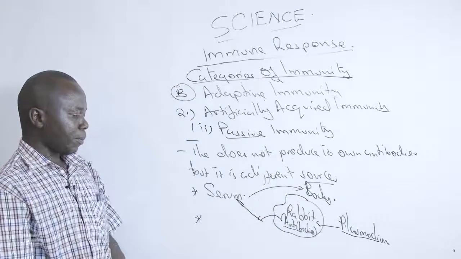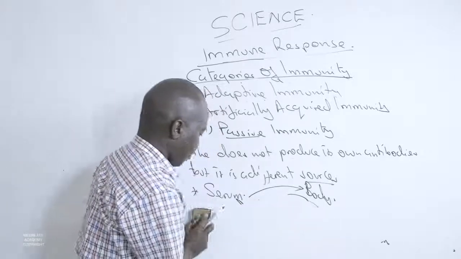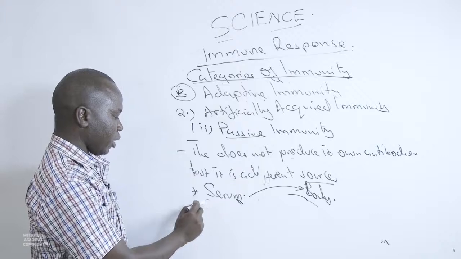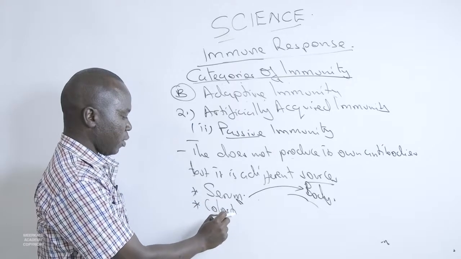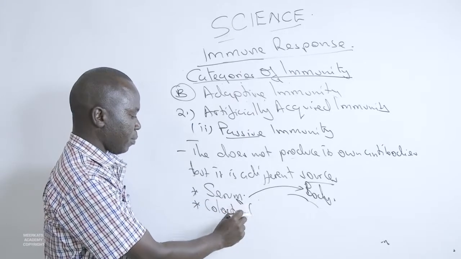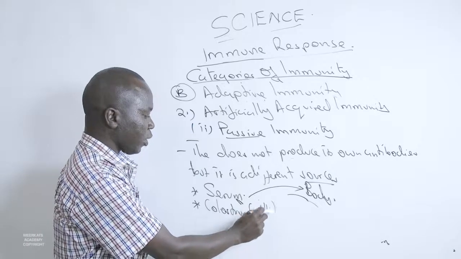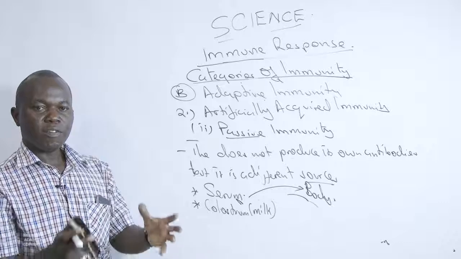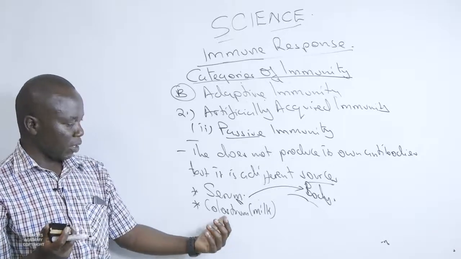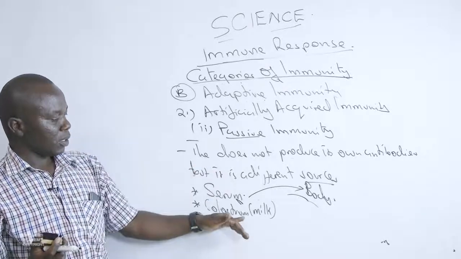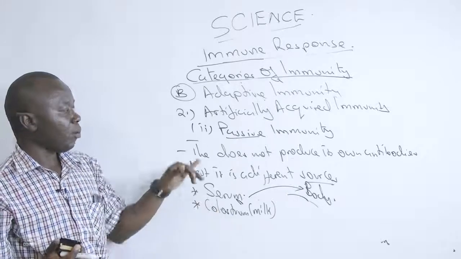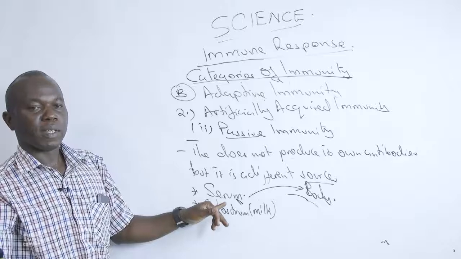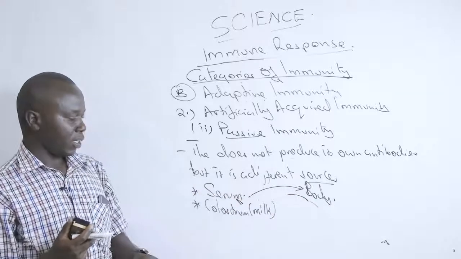The other example is milk. The first milk, colostrum. This milk usually contains a lot of antibodies. So if a baby is fed on this milk, antibodies that are found in this colostrum will be passive. We have passed from the rabbit to the body of an individual.